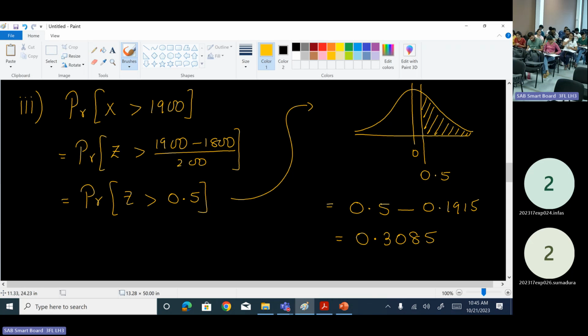Multiply by 100 to get the percentage: 30.8.